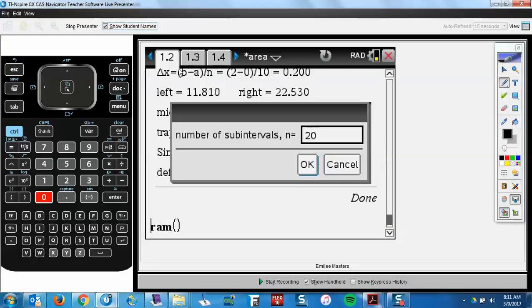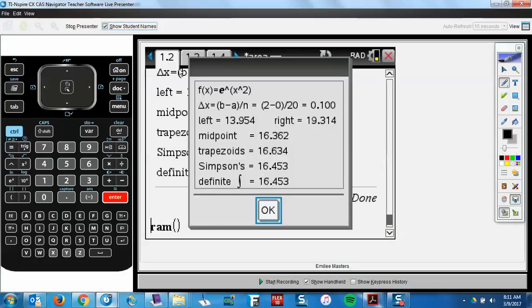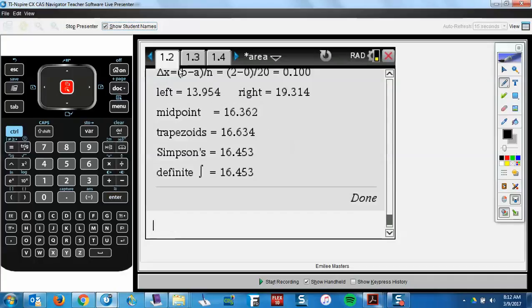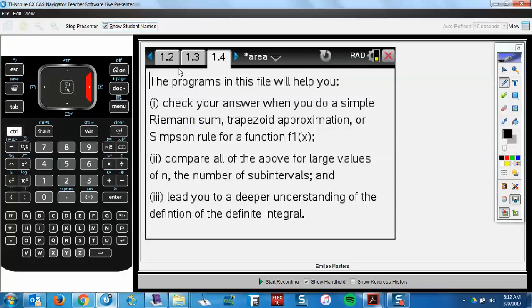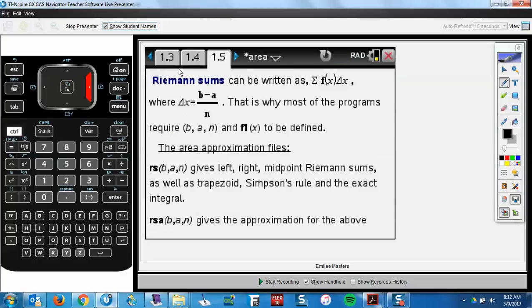Because it gives the exact answer here, see? So, I don't know. Here, I'll tell you, hit OK. Hit control right arrow. Let's do a little computer programming here.